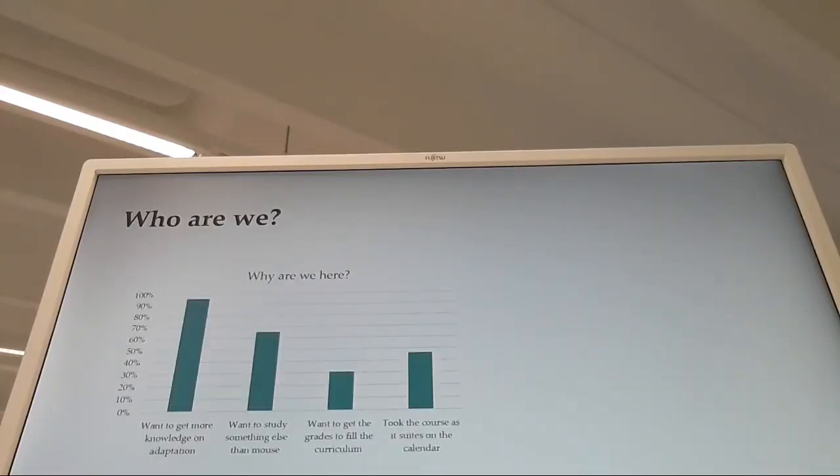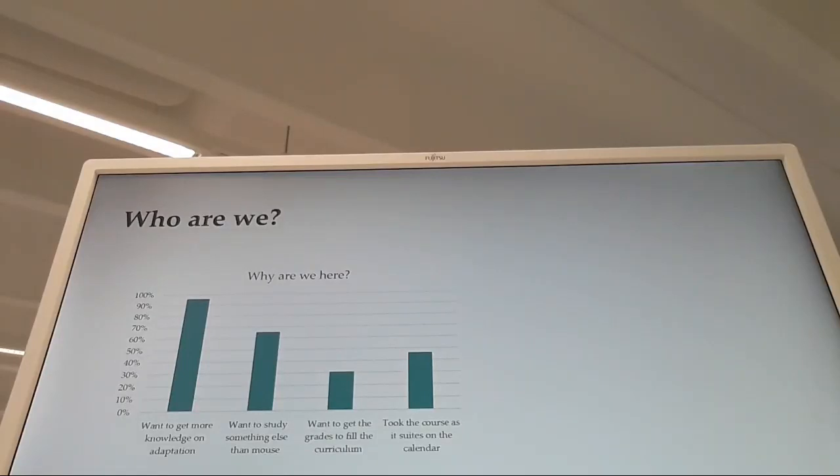The reasons why you are here, that was a very nice result. Most of you are here to increase your knowledge on adaptation, and also to learn some other things than the mice.